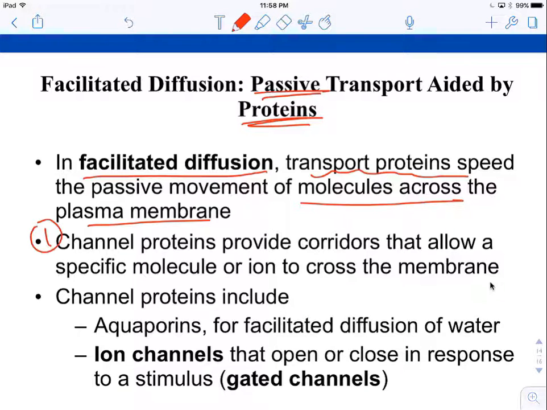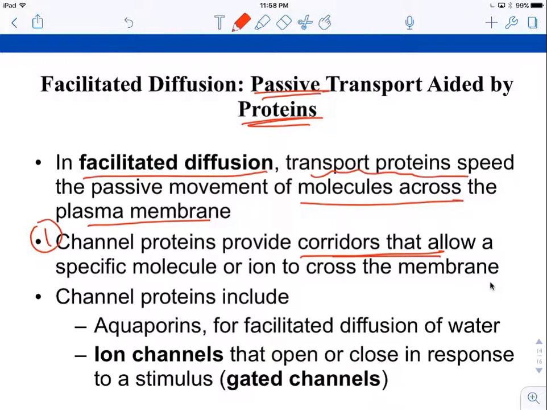The first type is called a channel protein. And a channel protein basically makes a little corridor that allows molecules to cross the membrane. So normally molecules that can't cross the membrane, things that are polar, ions, they can't cross the membrane because the interior of the membrane is nonpolar.